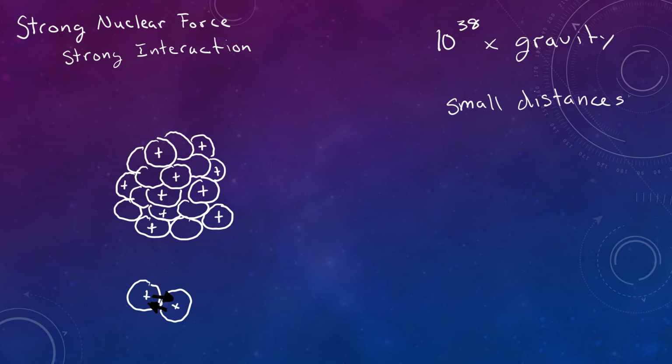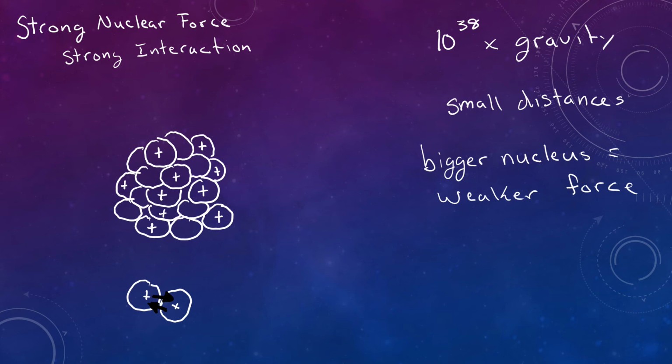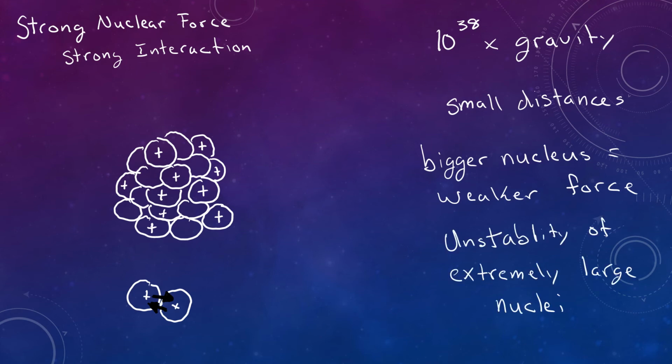And so outside the nucleus, that force isn't really interacting anymore. And so we see that even within a bigger nucleus, the strong force becomes weaker, which leads to the instability of extremely large nuclei. And now we have exploited this principle in creating atomic bombs.